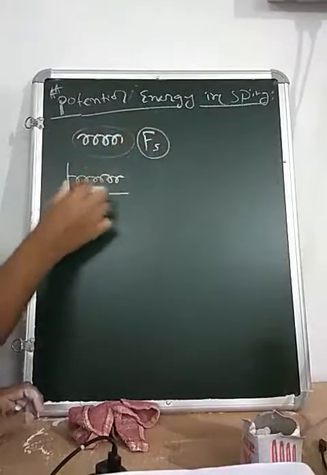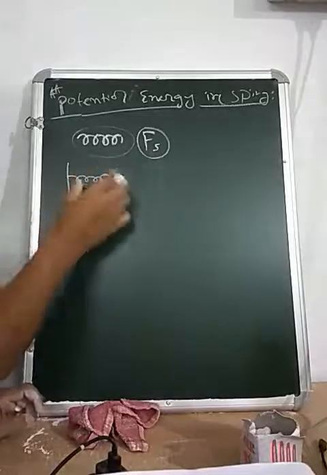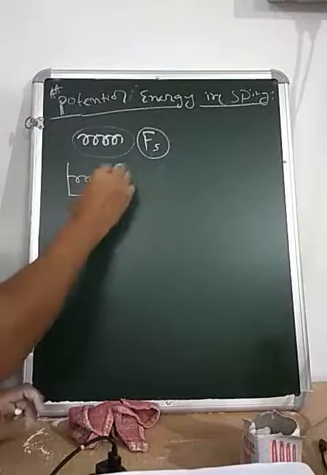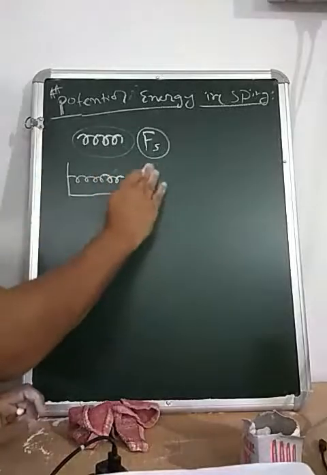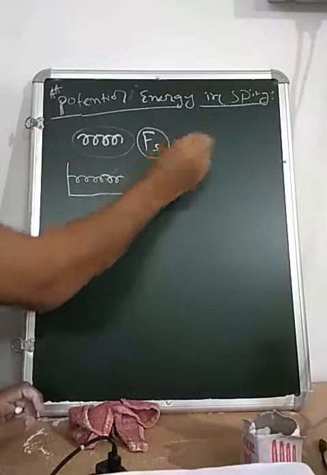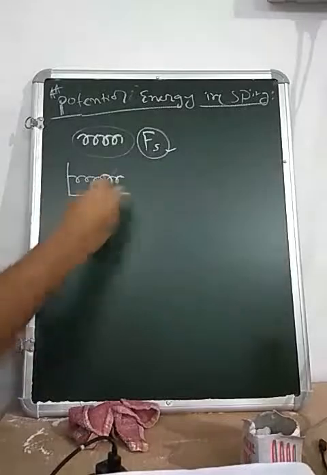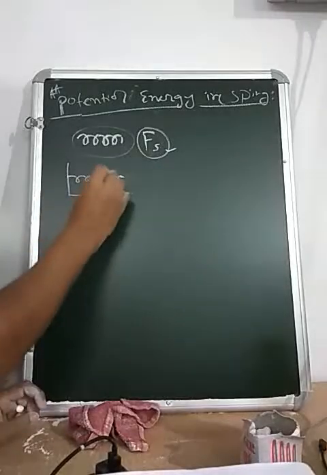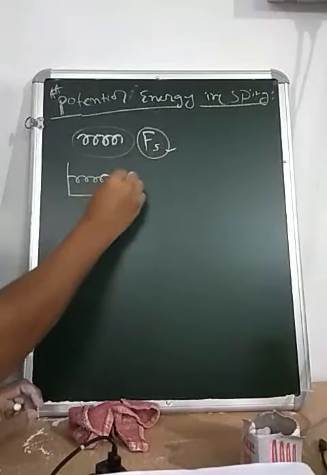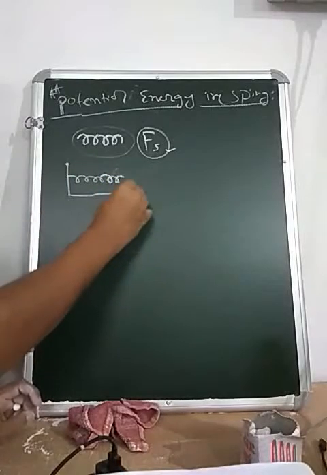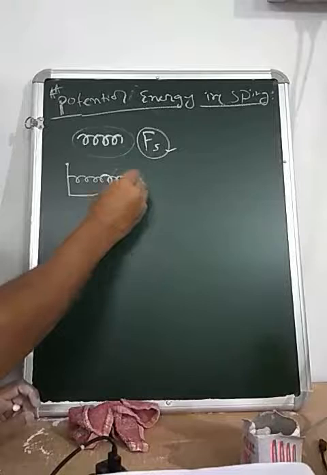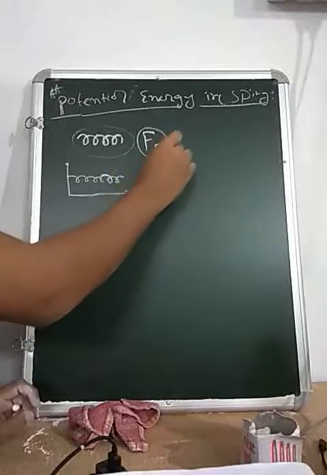When we try to compress or extend it by pulling, it opposes. Some force arises which opposes the deformation, the compression or extension, of the spring. This force which arises in the spring is called spring force, or the force exerted by the spring. We represent this spring force as Fs. This Fs force opposes the compression or expansion of the spring.